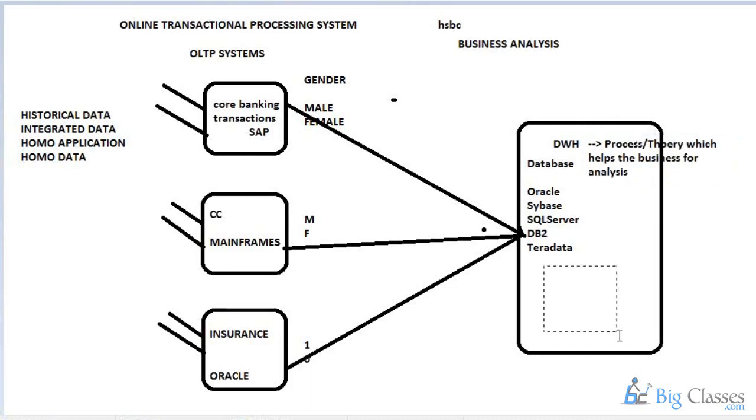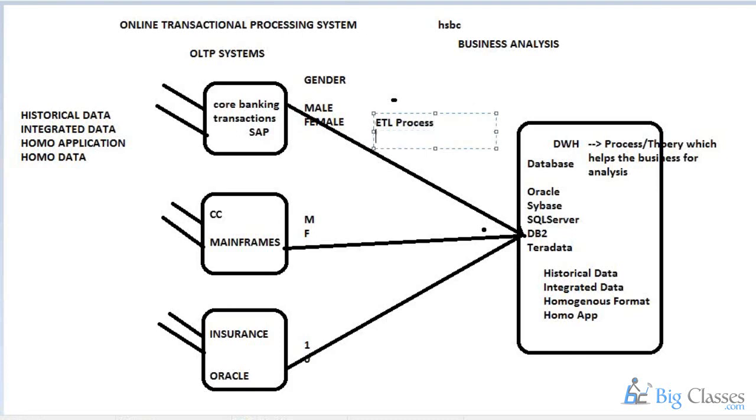So here we have the historical data, right? We have the integrated data present, right? And we have the homogeneous format of data, and we have the homogeneous application. So we are going to build the data warehouse on a single database. So we have the data present in the form of tables here. So basically, in order to get the data into this data warehouse, we use the ETL process.